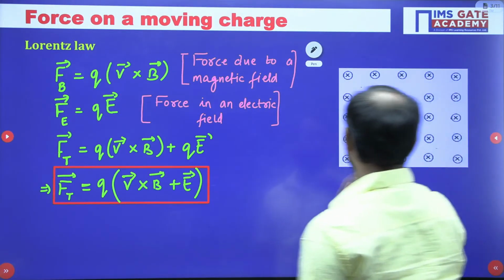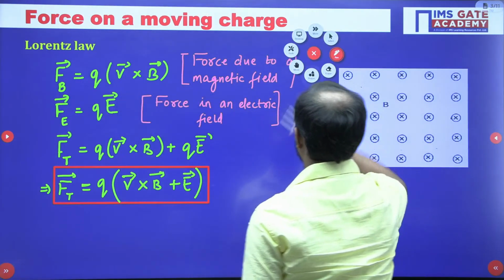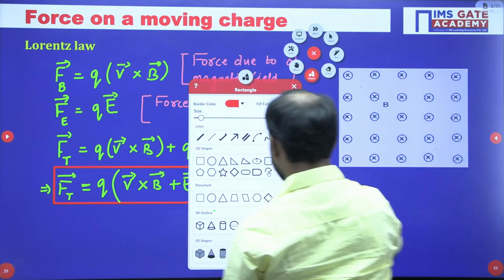Chalo. So see here, this is a magnetic field. Let me place a conductor.